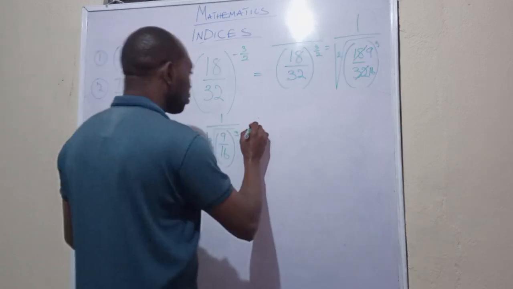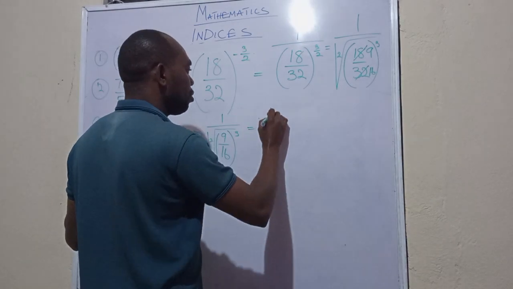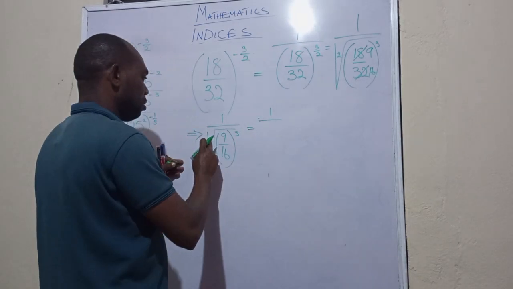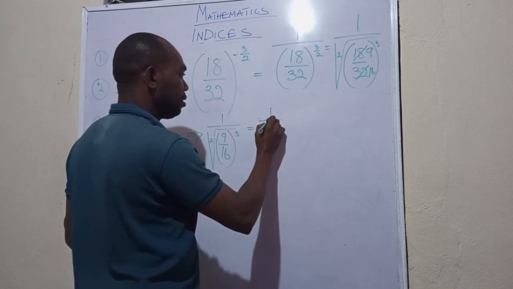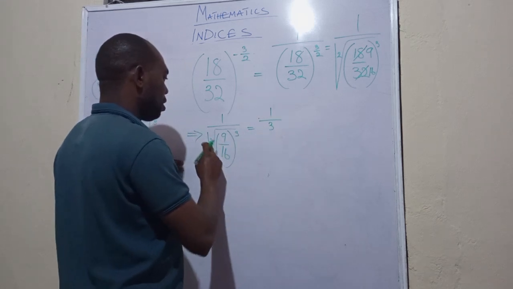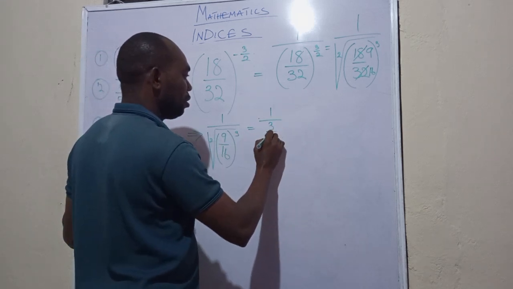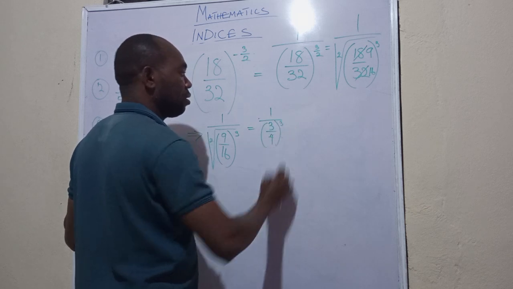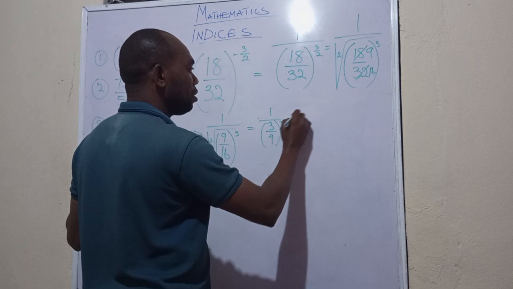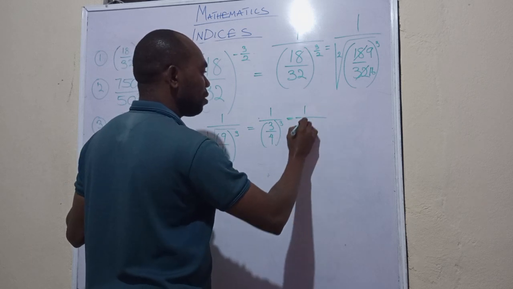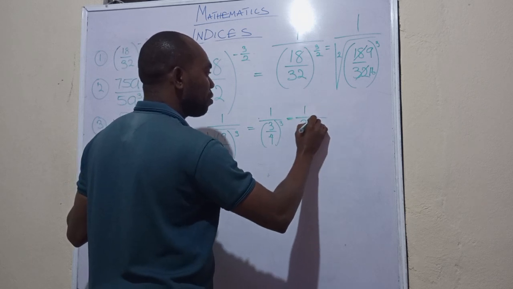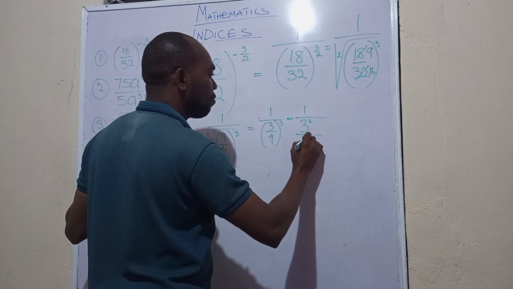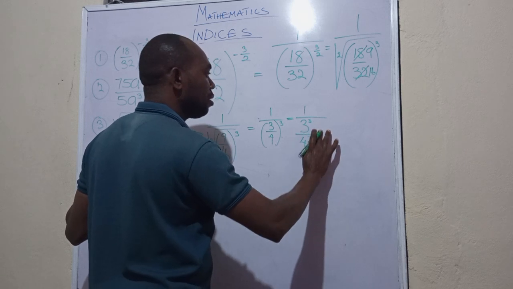Now we will have 1 all over the 2 root of 9 is 3, and the 2 root of 16 is 4, raised to the power of 3, which simply means 1 all over 3 raised to the power of 3 all over 4 raised to the power of 3.